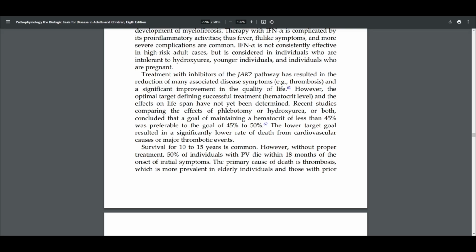Recent studies comparing the effects of phlebotomy and/or hydroxyurea, or the combination of both, concluded that the goal of maintaining a hematocrit less than 45% was preferable to the goal of 45 to 50%. The lower target goal resulted in a significantly lower rate of death from cardiovascular causes or major thrombotic events.